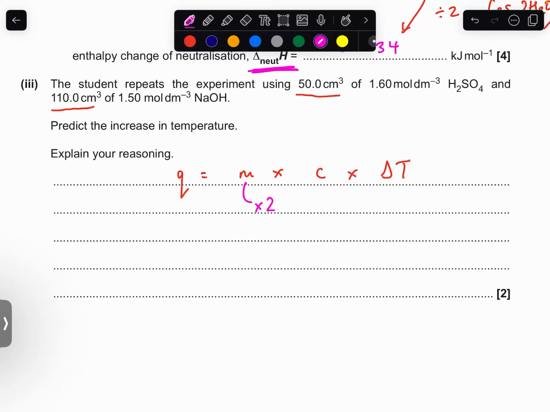And if we multiply the mass by 2, in the mass is the volume, in that volume is the moles. And because you're doubling it, it's going to double the amount of energy that's given off. That's also multiplied by 2.